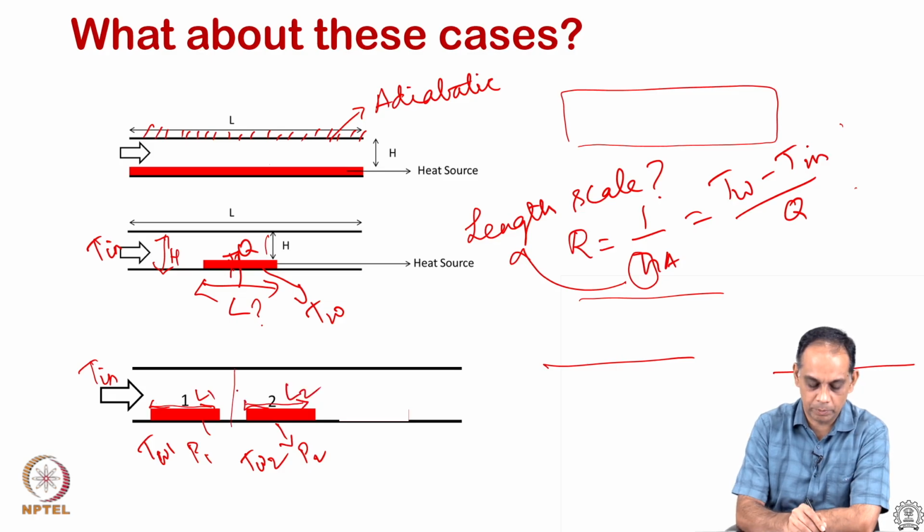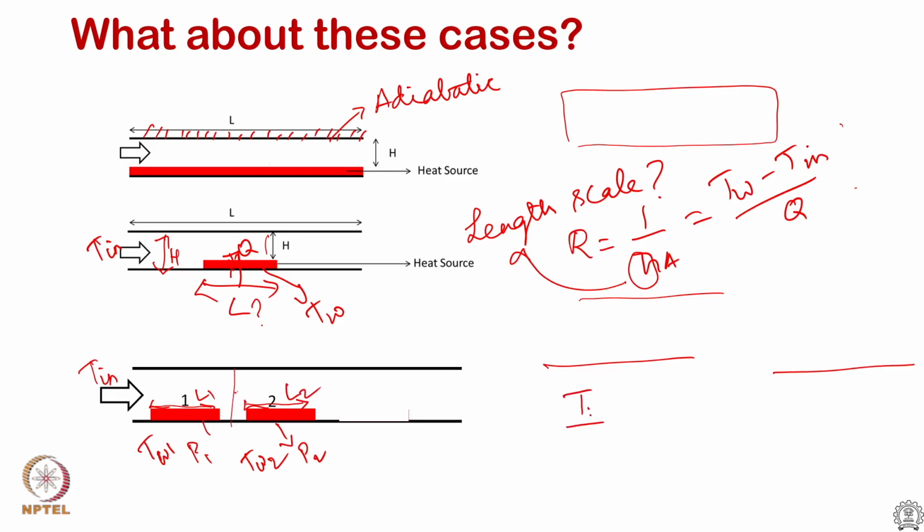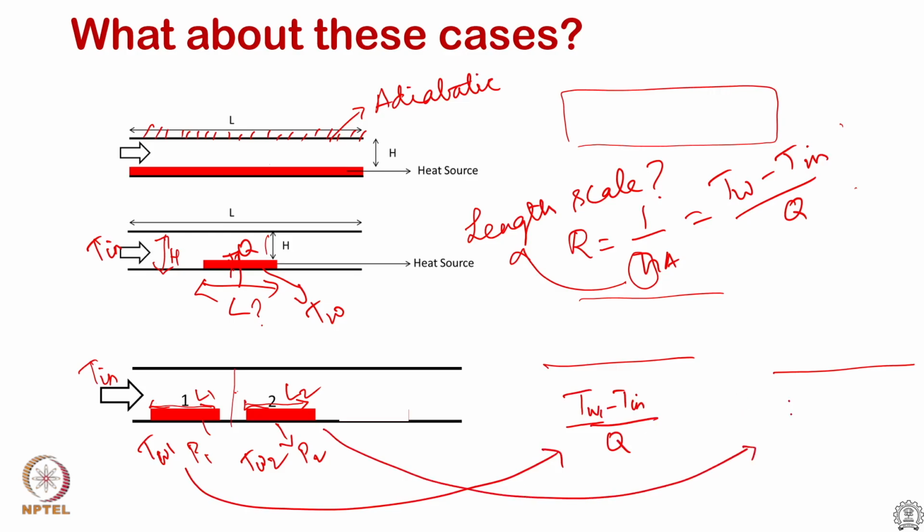What will I use as temperature? If I want to write a resistance, I want to use T wall 1 minus T in by Q for the first source, which is okay. What is the resistance for the second one? T wall 2 minus this temperature, which is the mean temperature, or the inlet temperature. What will be my reference temperature for the case?